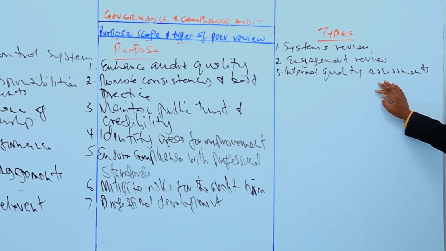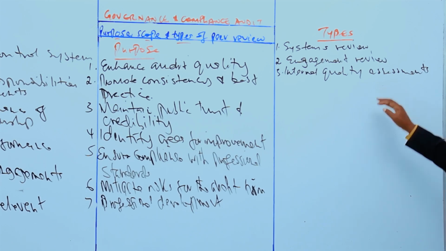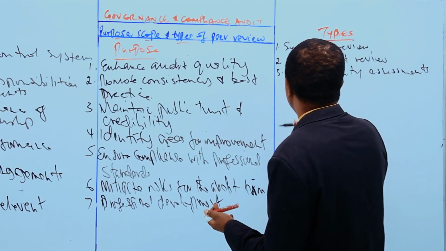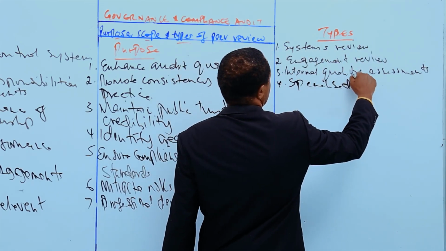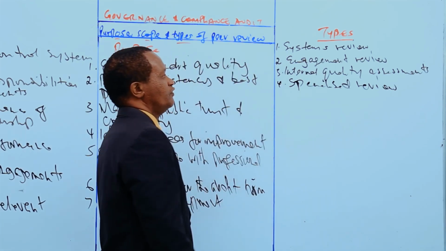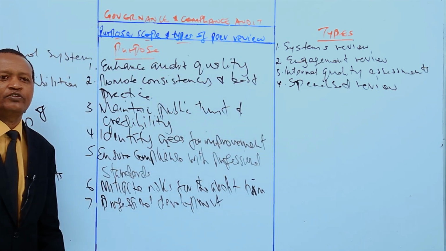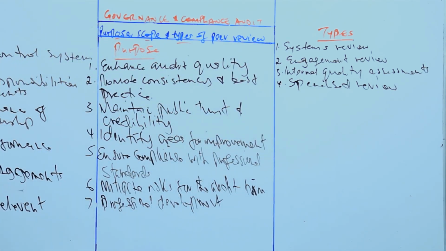The fourth type of peer review is specialized reviews. Some industries or regulatory bodies might have specific peer review requirements tailored to their unique governance and compliance frameworks.